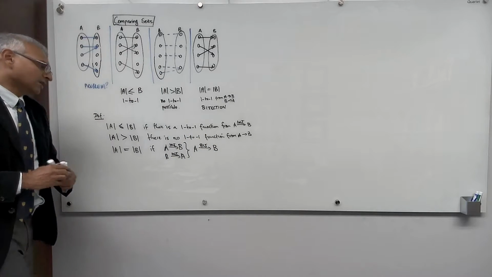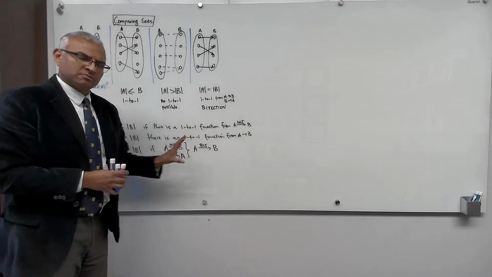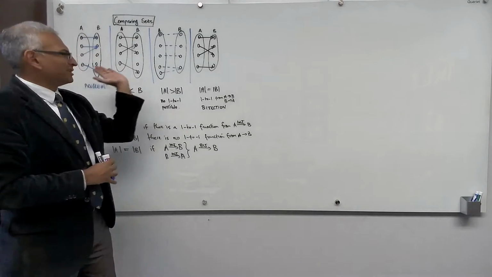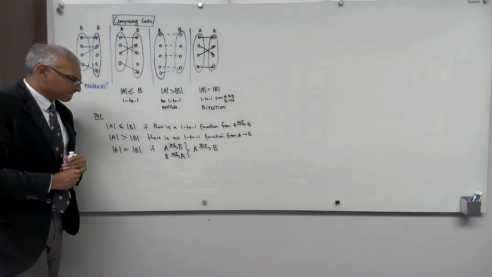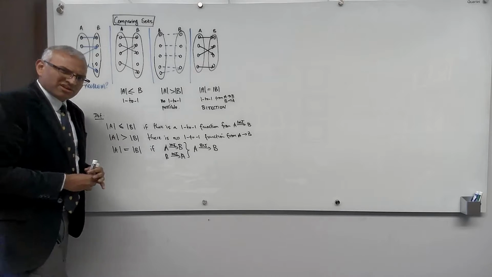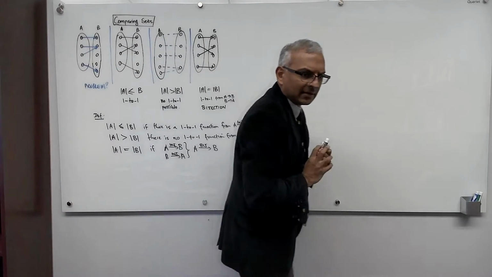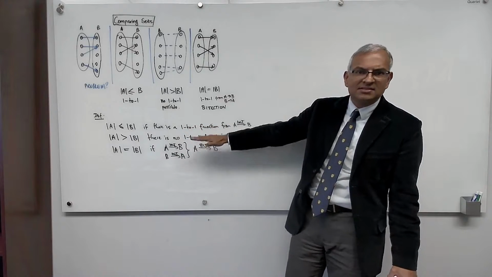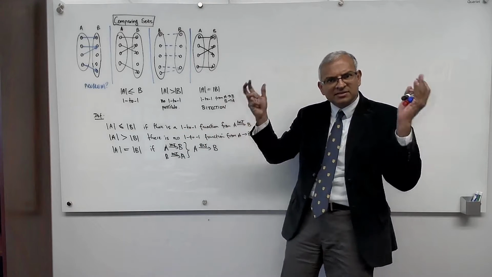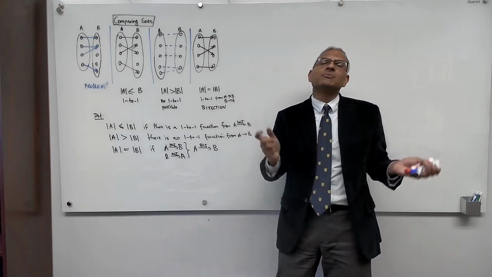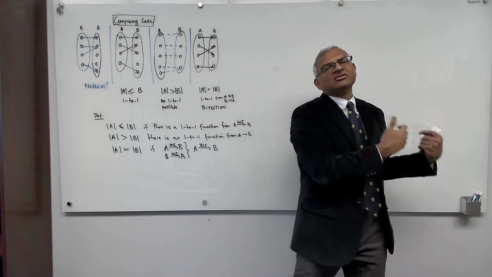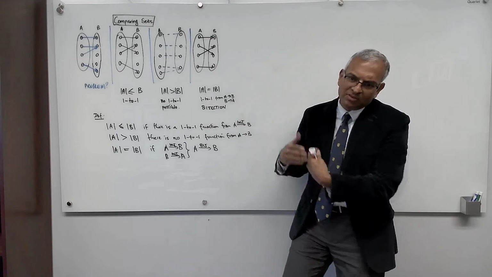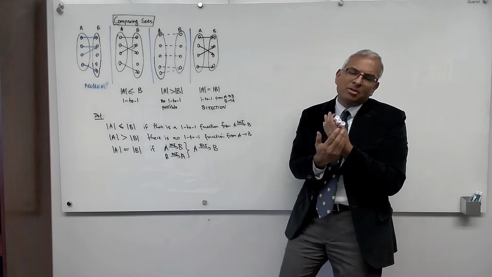Now, it turns out that all these are easy to prove when you're dealing with finite sets. And the leap that Cantor made is that we're going to use this same function-based approach to comparing the sizes of sets when it comes to comparing the sizes of infinite sets. Except that with infinite sets, you can't really talk about the size.